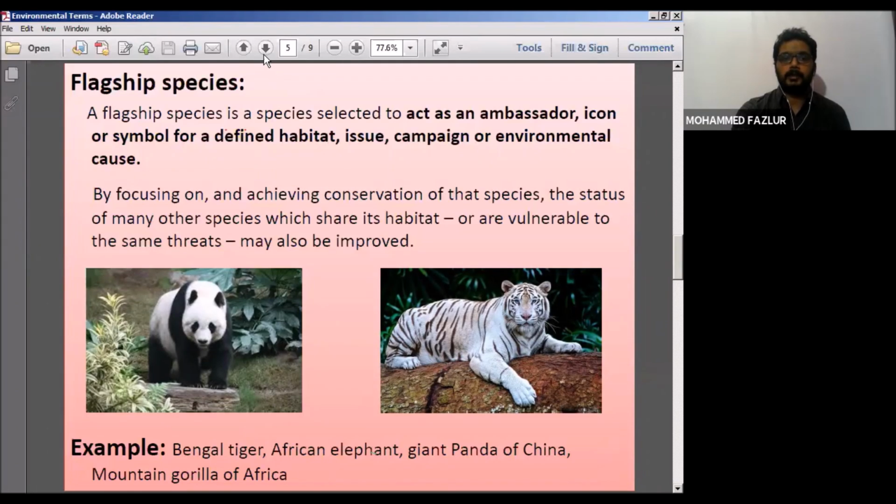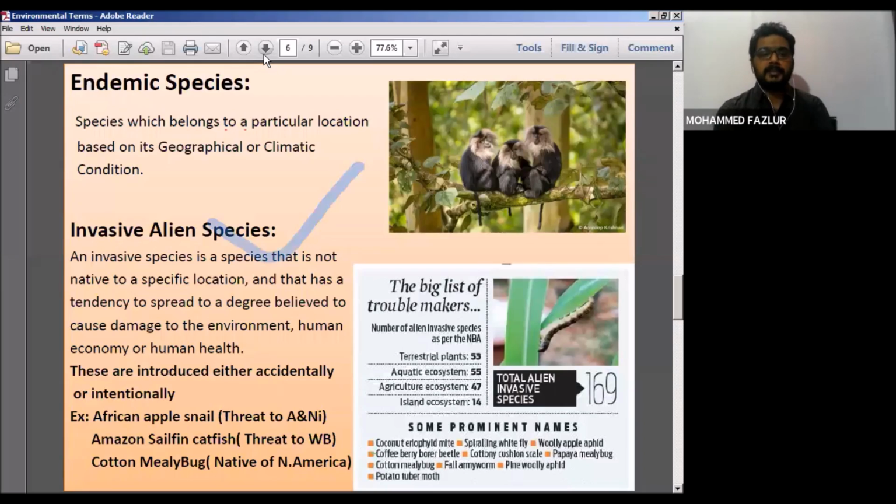Next very important term is endemic species. Endemic species means a species related to a specific location.